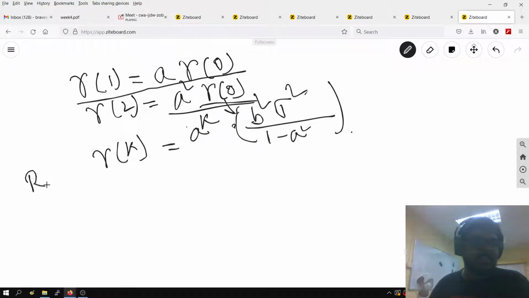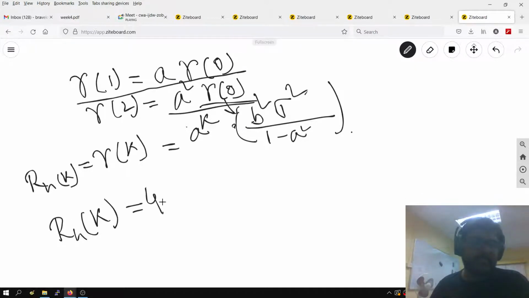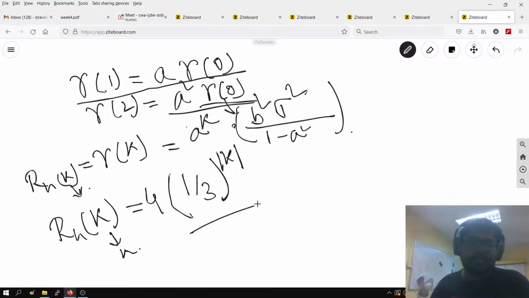And this is, as given, r of h of k, and also what is given here is 4 times 1 by 3 to the power of k. So if we vary the value of k here, at every instance these two will give values that we can compare.